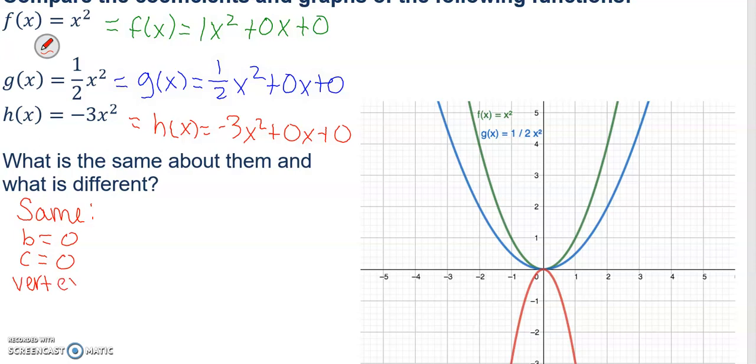If we're looking at our graph, it is 0, 0, and our axis of symmetry is x equals 0.